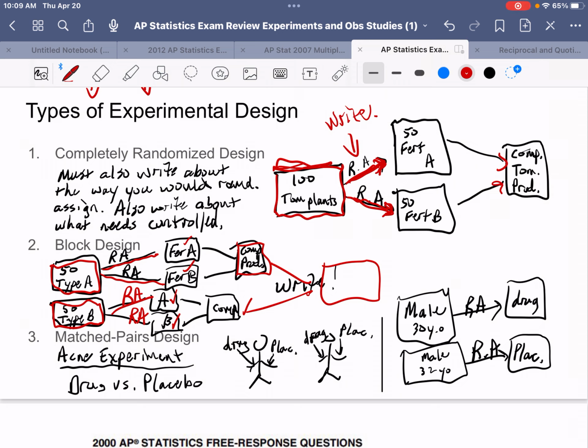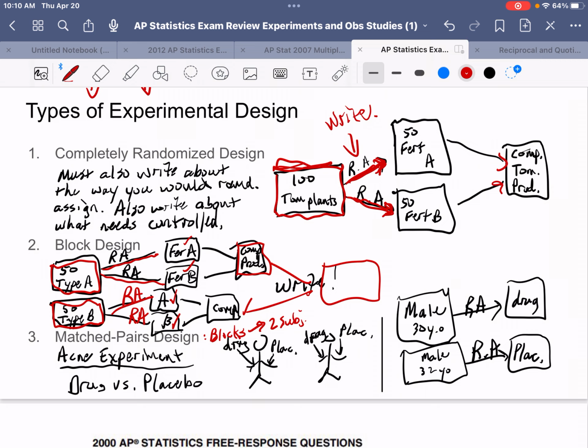Then there's the matched pairs design. The matched pairs design is when you have so many blocks that there are only two subjects in each block. Or sometimes there's one subject in each block. So for example, if I was doing an acne experiment, drug versus placebo, I could do it this way.